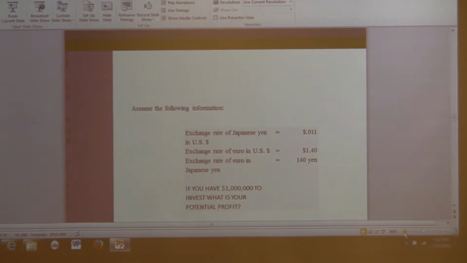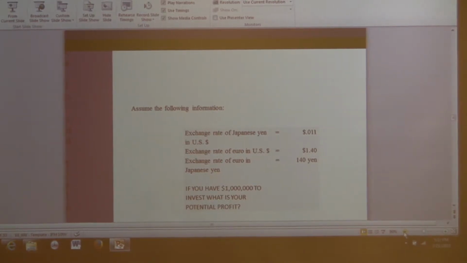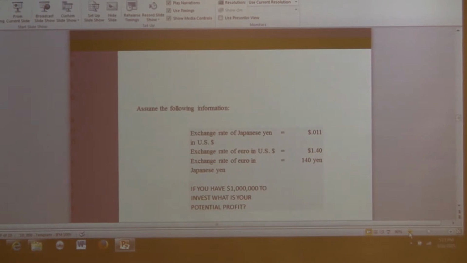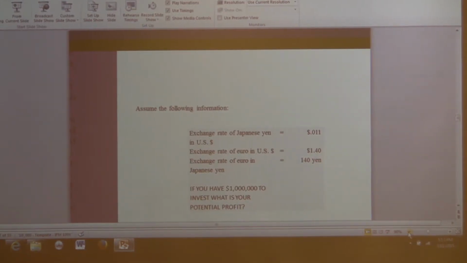So what does it mean? The euro is overvalued, isn't it? The euro should be trading for 127, but in the market, it is trading for 140. So that tells you that the euro is overvalued with respect to the Japanese yen, isn't it? So that's what we have. So based upon that, an arbitrage opportunity is there, and we can do a trade, okay?